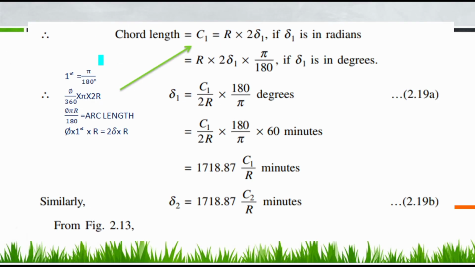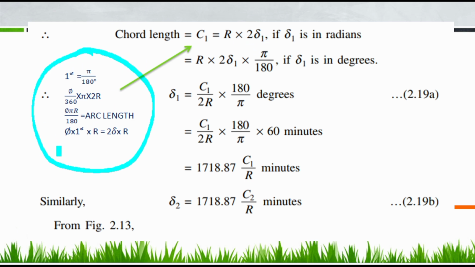By the formula, the chord length C1 is equal to R multiplied by 2 times the deflection angle, and that is gotten here. I have explained that in much more detail in the chord produced video.